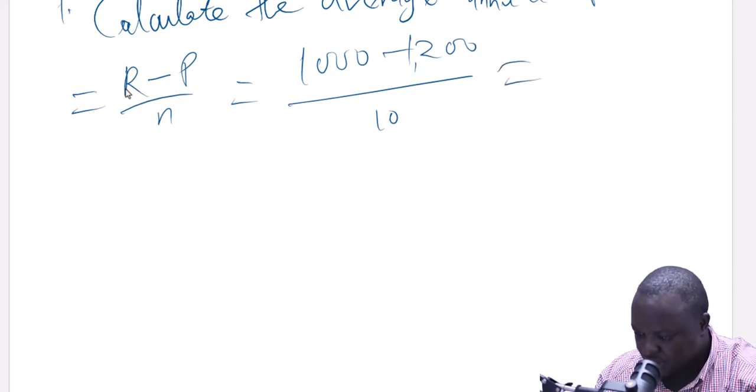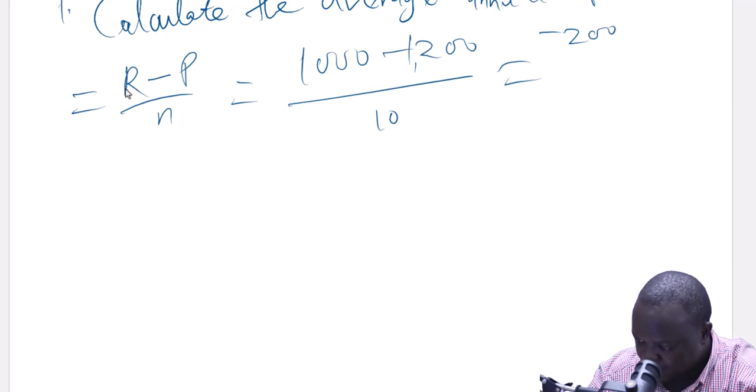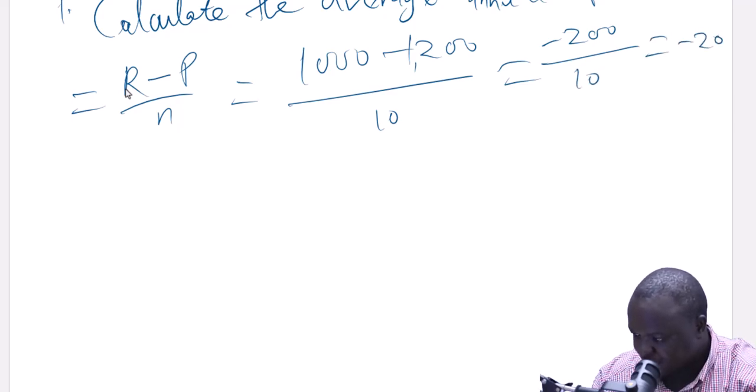If you do that, you will get negative 200 over 10, which will be negative 20.